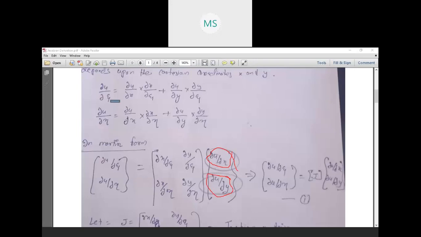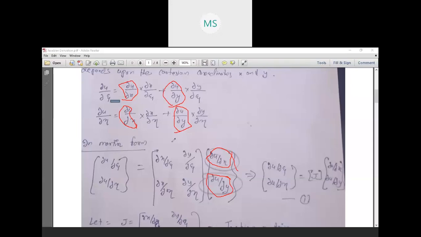So ∂u/∂x, if I take common, that means this one I am taking out. You can see here also ∂u/∂x is there. Second thing, ∂u/∂y I am taking common, this and this. Now you can see what is left out.